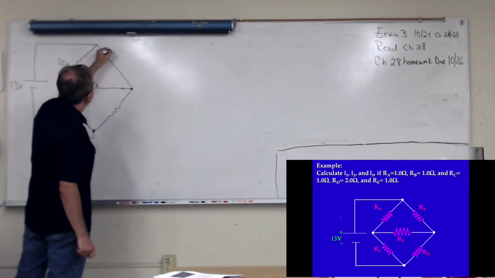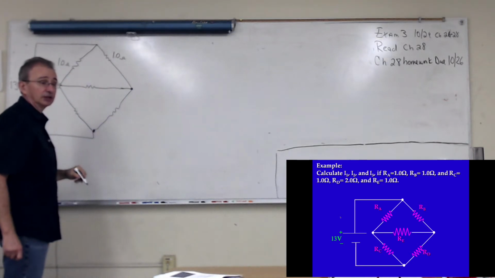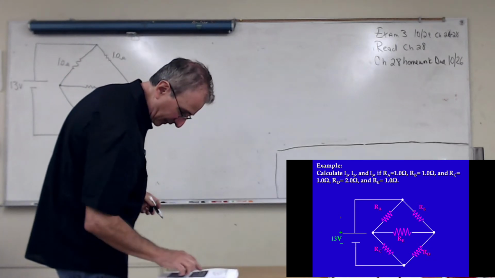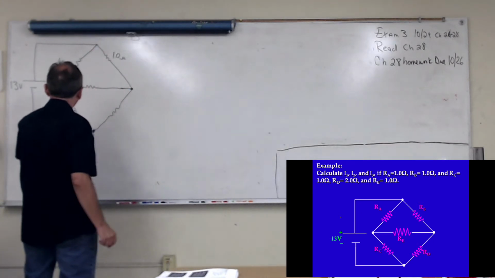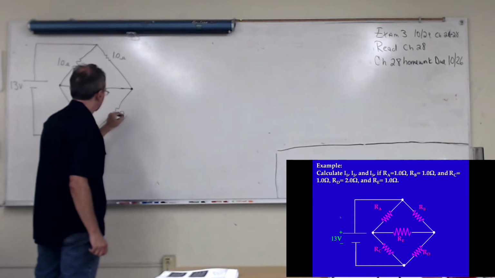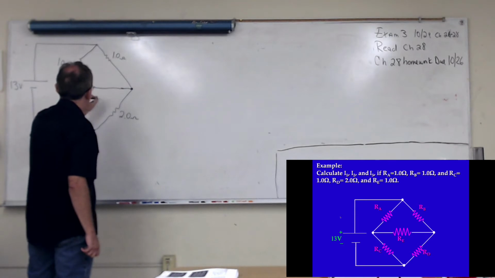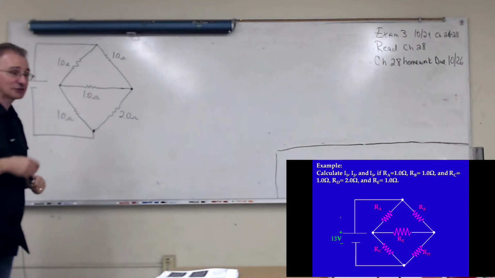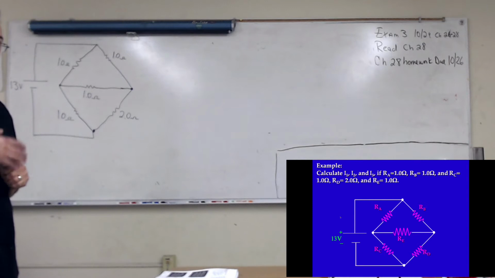This is also 1 ohm. R sub C is, I can't see it on the screen. Hold on, look at my notes. 1 ohm. R sub D is 2 ohms. And this is 1 ohm. And so what I want to do is find all the currents. And this is going to involve some work.